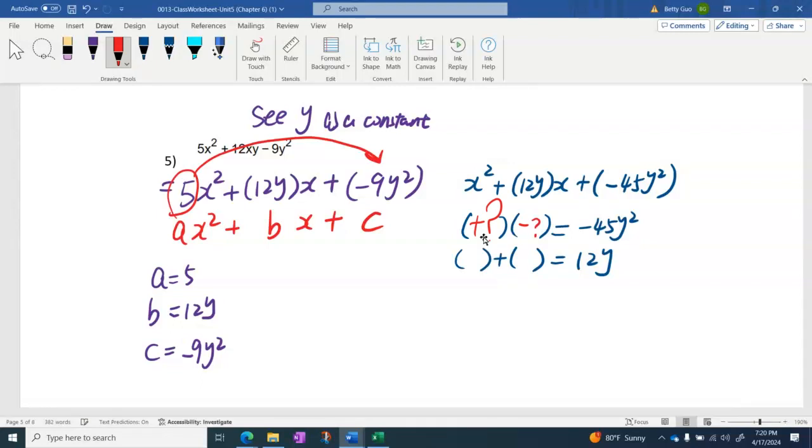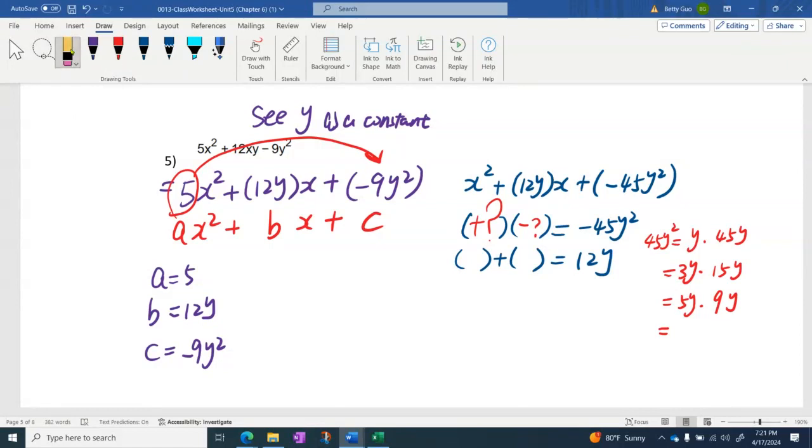And we are going to factor 45y squared. 45y squared can be factored as y and 45y, or 3y and 15y, 2 doesn't work, 4 doesn't work, 5y times 9y, 6 doesn't work, 7, 8, 9.